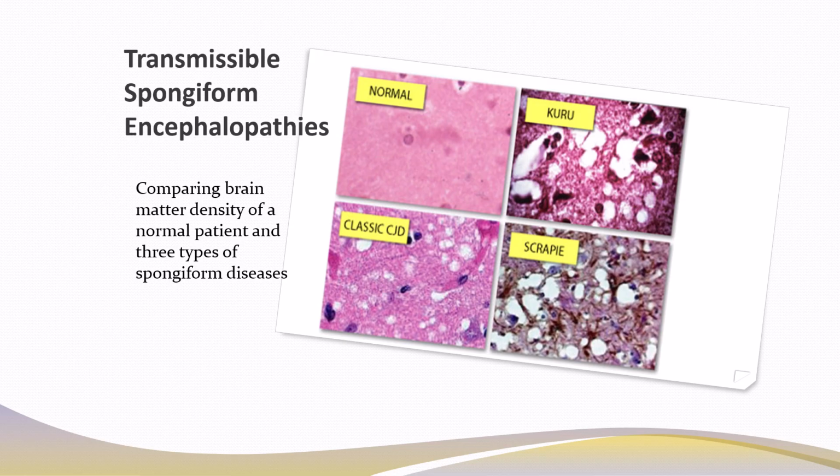So these are types of that transmissible spongiform encephalopathy. So kind of keep that in mind. We don't want holes in our brain. That is not what we want. And that is what these diseases cause.